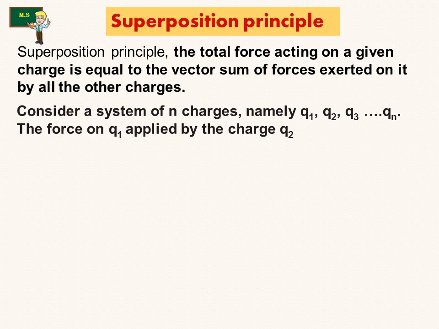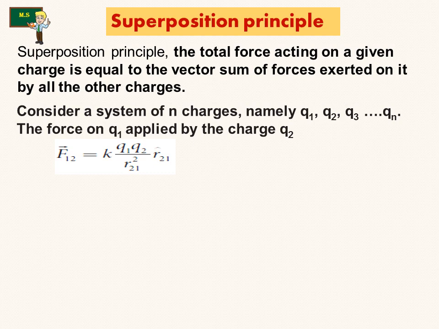Now let us consider a system of n number of charges, namely q1, q2, q3 till qn. The force on q1 is applied by the charge q2. So we get F12. Here the 1 and 2 is not twelve; it is mentioned because of charge 1 and charge 2, q1, q2.